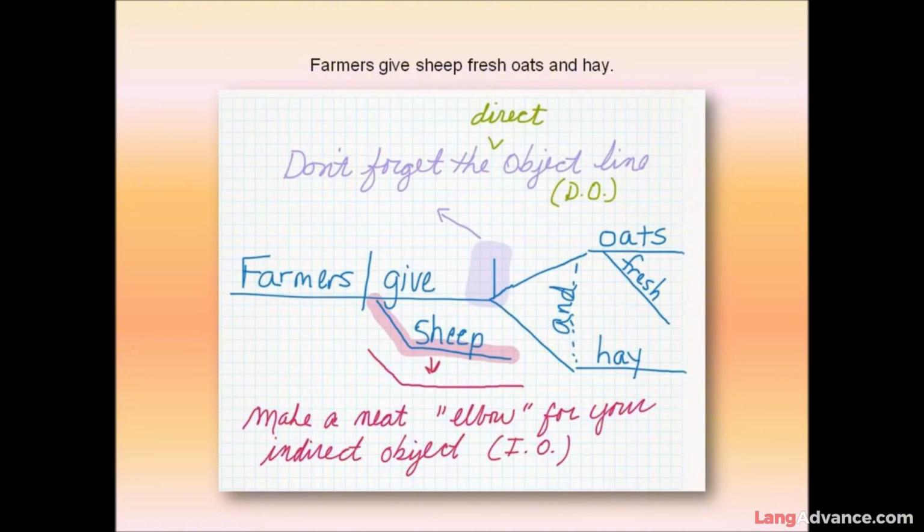Farmers give sheep fresh oats and hay. Farmers is the subject, give is the verb, sheep is the indirect object, oats and hay is the compound direct object, fresh describes oats.